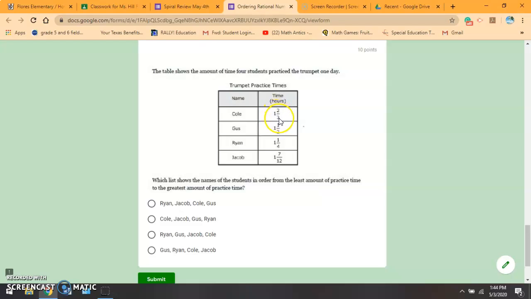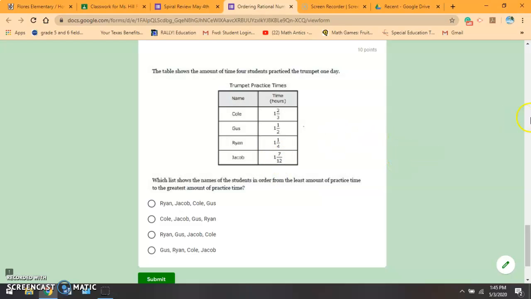You have 1 2/3, which is a benchmark fraction. 1 1/2, and 1/2 is a benchmark fraction. 1 1/4, which is a benchmark fraction. And we have 1 7/12. So you're going to have to convert those. Figure out which one is the smallest amount of time to the biggest amount of time, according to the names of the people.